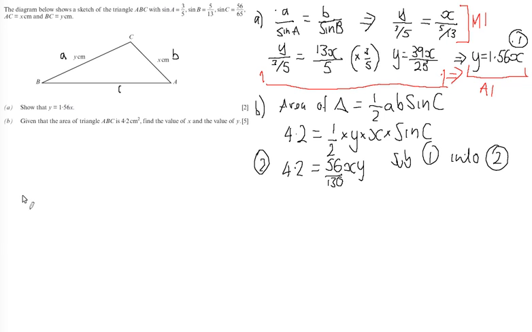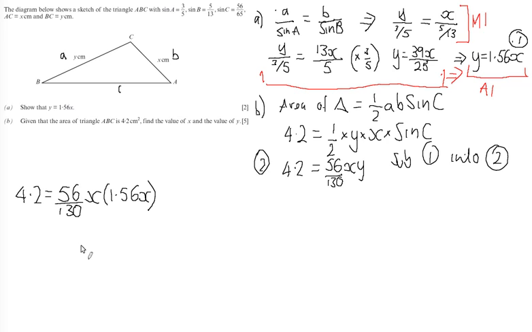Okay, so what we're going to end up with here is 4.2 equals 56 over 130 x times 1.56x.